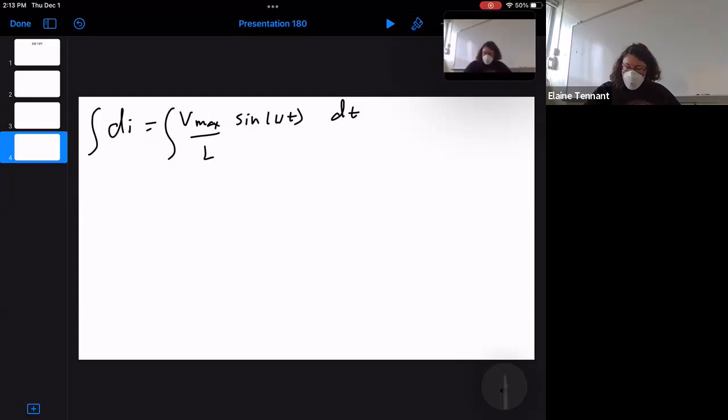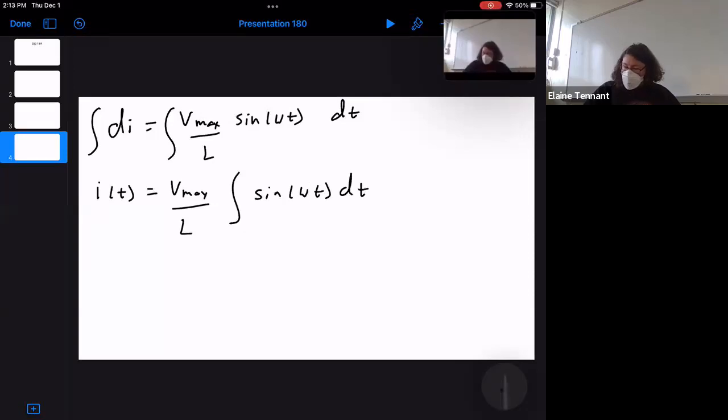So the integral of di is just I. Vmax and L are both constants, so I'm really integrating sine omega t.